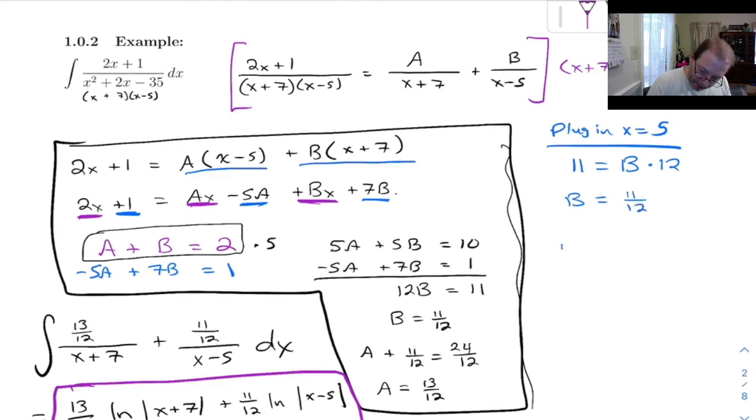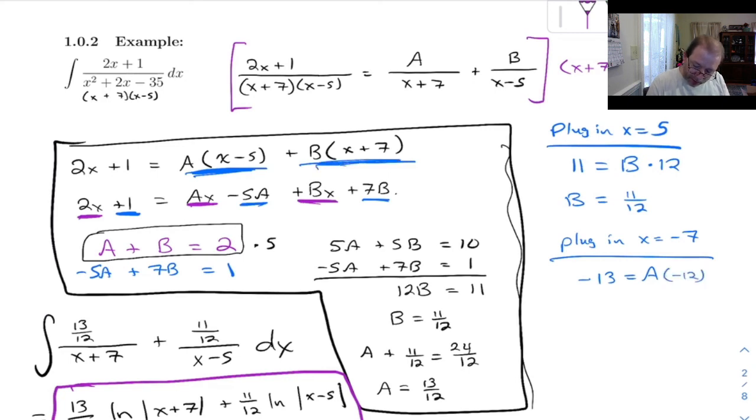And then plug in x equals -7. Over here, that's going to be -7 times 2 is -14 plus 1 is -13. Plugging in here is going to give me A times -12. And this, of course, is 0. So you get A equals 13 over 12.